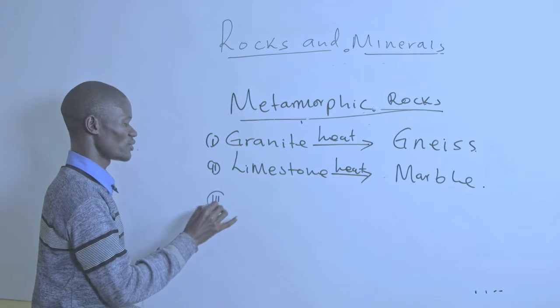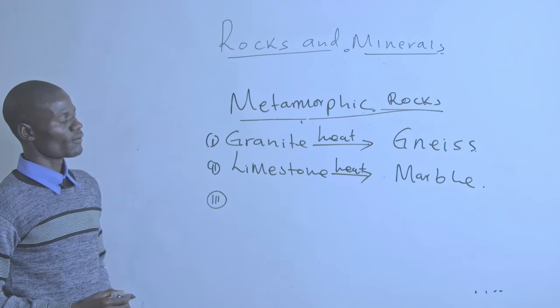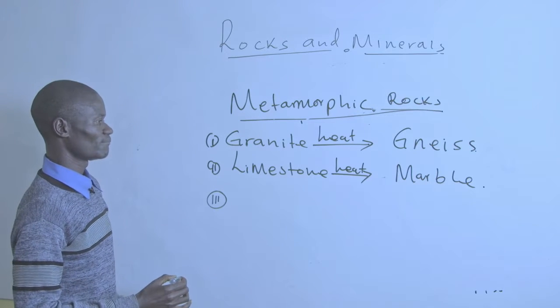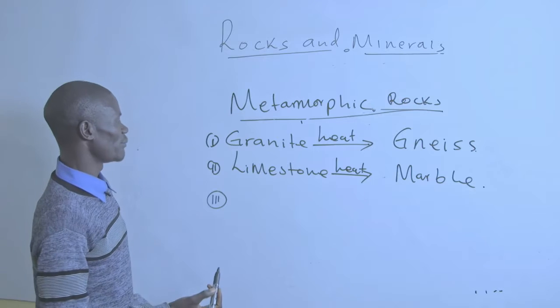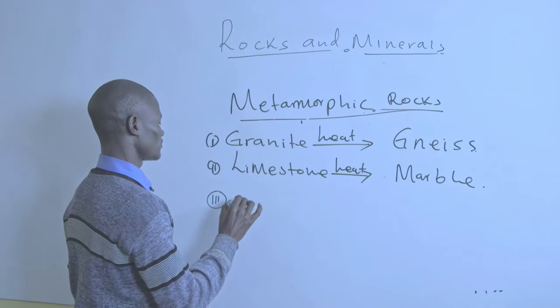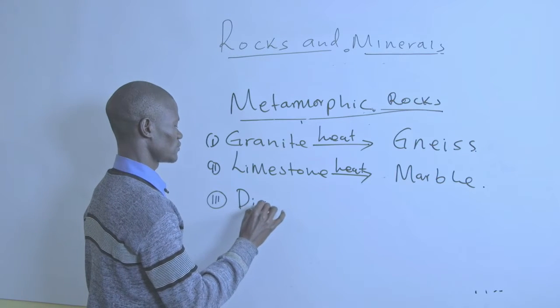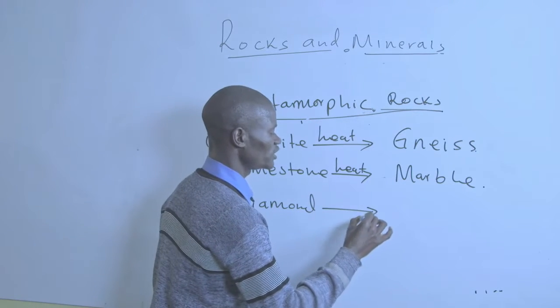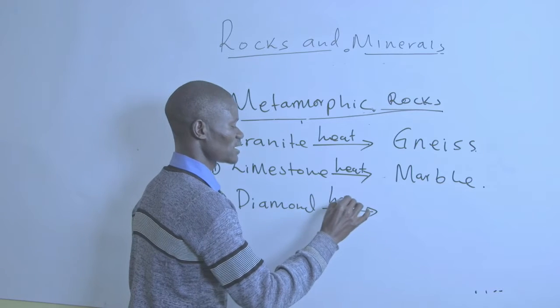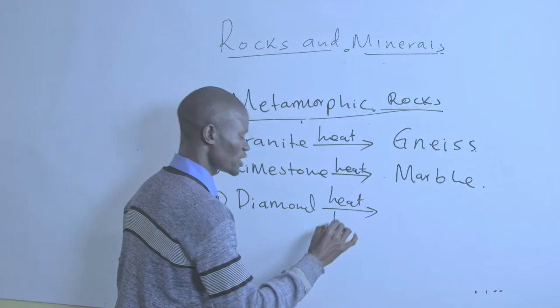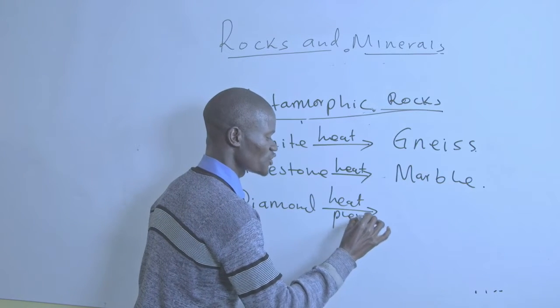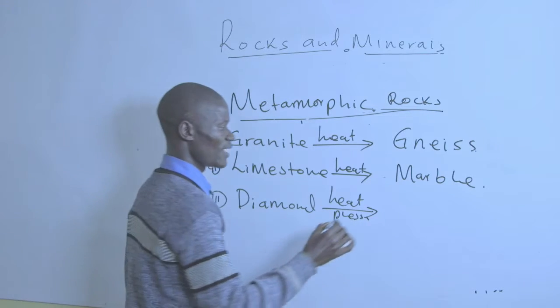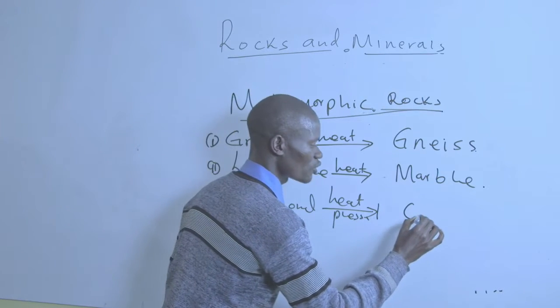And then the third category, we will have diamond. When diamond is subjected to heat and pressure, it will change its characteristics. Either it can lead into the formation of coal.